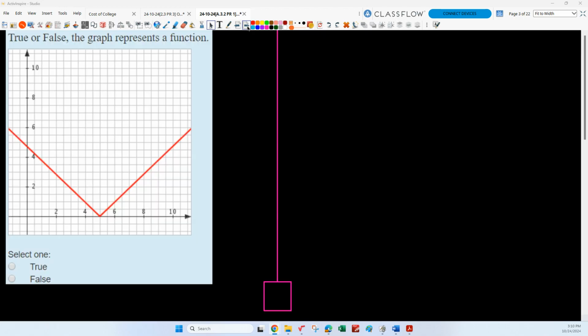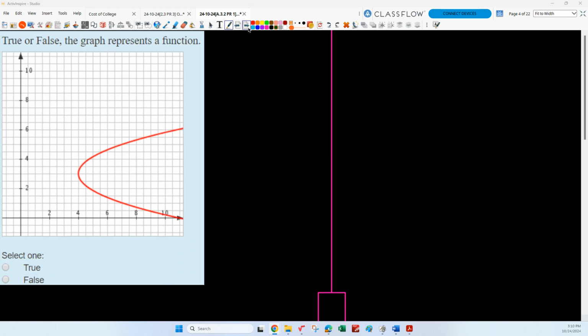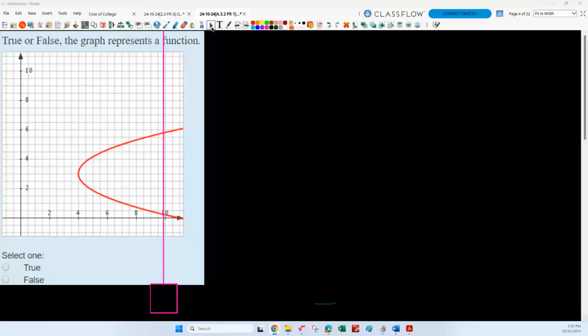Okay, true or false? That graph is a function. True, it is. A vertical line never intersects the red graph in more than one place, so it's true. True or false? False. There's an example, right?